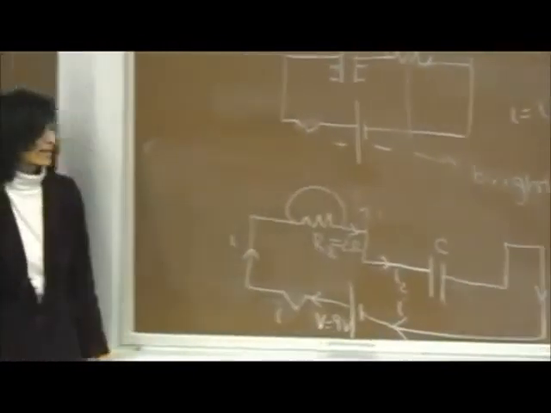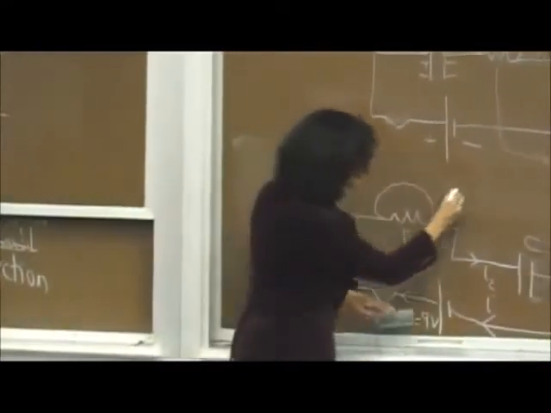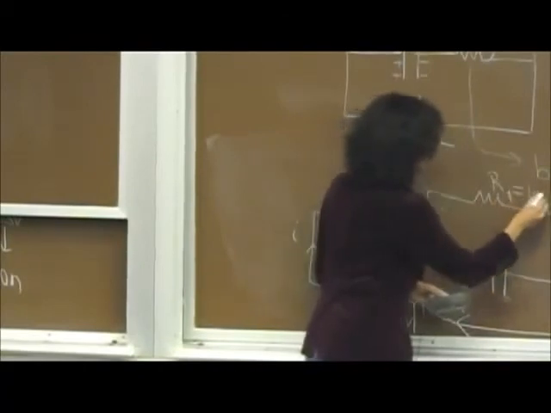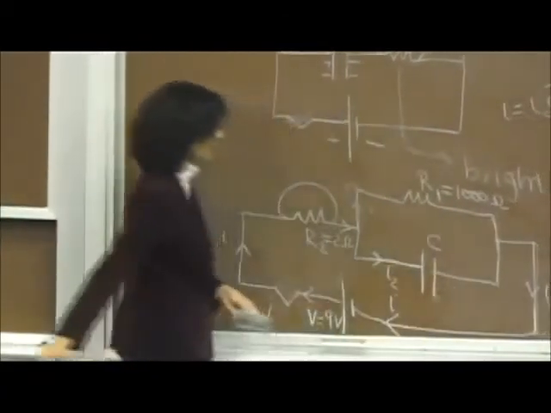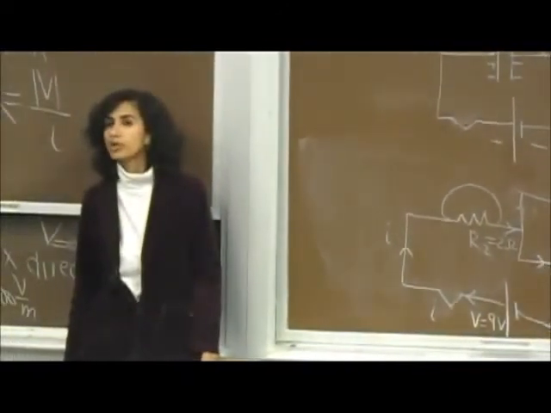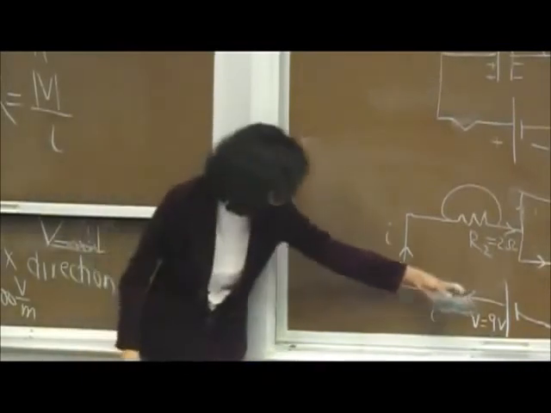Can you tell me how much is the current at time t equal to 0 in this circuit, even if this thing was there? Let's say R1 is 1000 ohms. How much is the current? Folks, anybody? Initially, as soon as I close this switch.